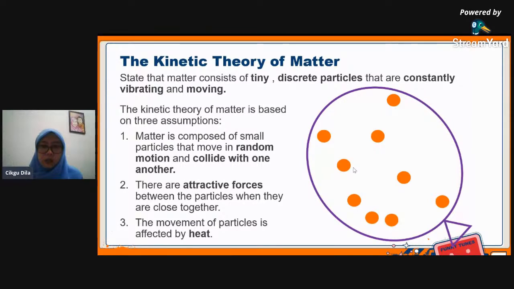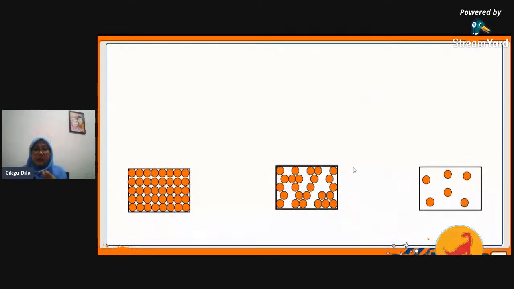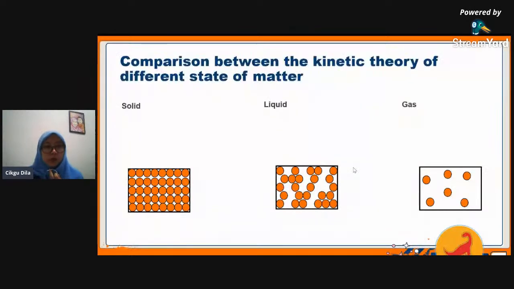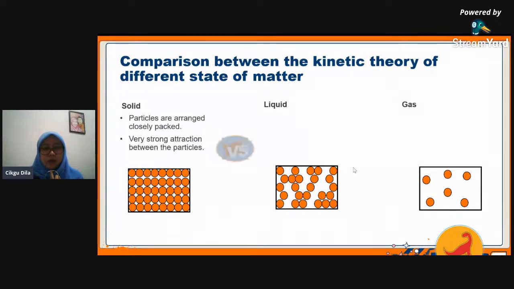Next, you can see here the particle arrangement in an atom. So we can compare the kinetic energy of different states of matter. Here we have solid, liquid, and also gas. In a solid, the particles are arranged closely packed and there are very strong attractions between the particles.